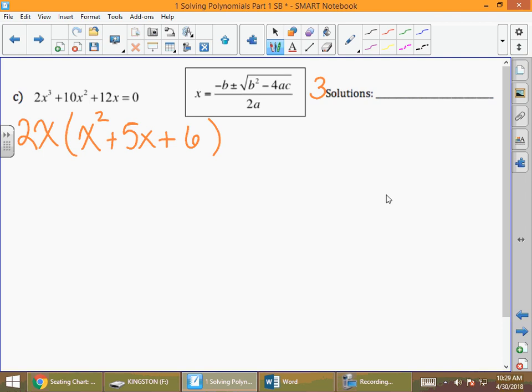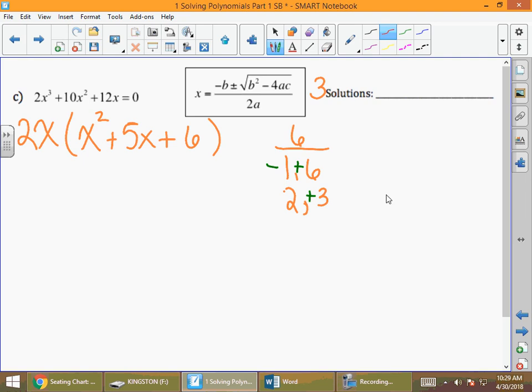Now that we get this, we can split the middle. It's 1 times 6, or 2 times 3, for our factors. And the thing about these is that both of them can combine to be 5. So it would have to be negative 1 plus 6, or positive 2 plus 3.